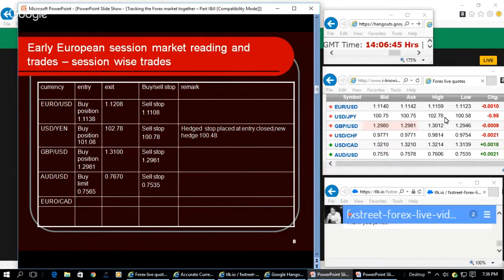Then immediately many would have thought that fundamentally USD has to gain, that means yen has to weaken, and many would have jumped into the buy position, that is, jumping into a running bus or a running train. And what happened? They went up to 102.78 and then started coming down slowly.